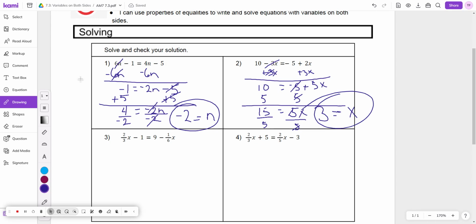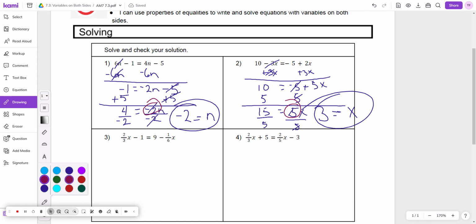Okay, so let's look back and see what the difference is between moving the bigger n and the smaller n. One thing you'll notice is that when I moved the bigger n, I ended up with a negative coefficient. If I move the smaller n, I end up with a positive coefficient.